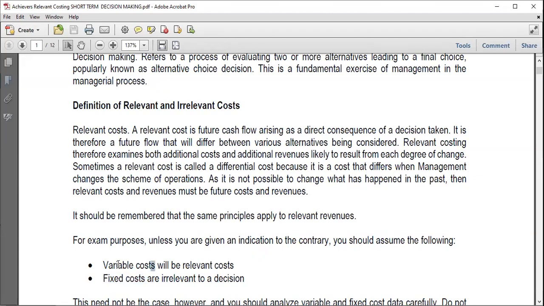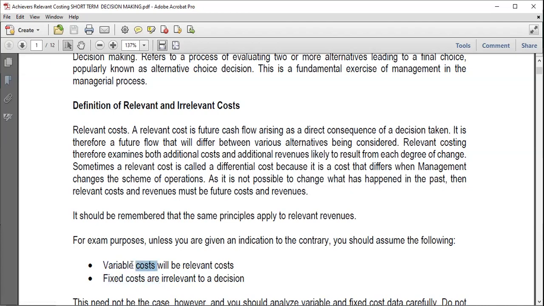As we know, variable costs are costs that change with the change in quantity or output, and these are costs that can be directly attributable to products. Now, these variable costs are looked at as relevant costs, and fixed costs are looked at as irrelevant costs.